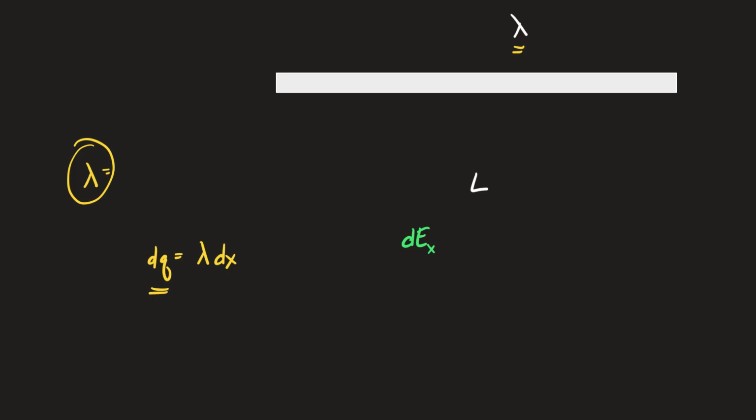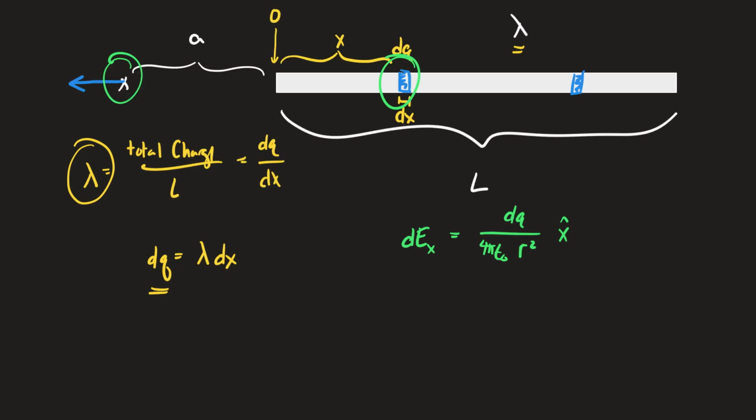All okay? Well, this is going to be equal to Coulomb's law, basically. So dq over 4 pi epsilon naught r squared in the r hat direction. Well, I think we can surmise that the r hat direction is actually now the x hat direction. And r is going to be the distance from this point to this piece.